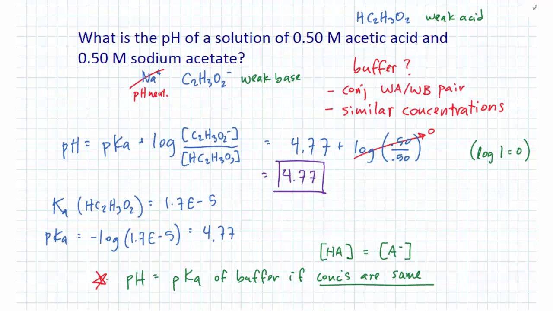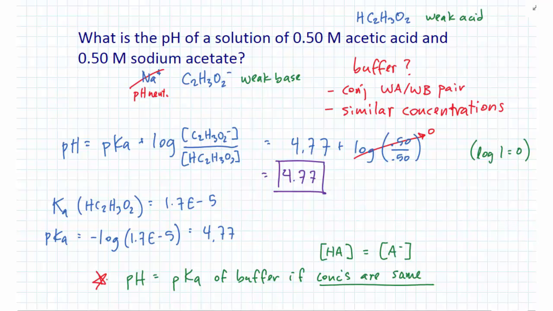More base would make the pH go up. That should make sense because the log of a number over 1 is positive. Okay? That will increase the pH, right, making it more basic. If you have more acid, the log of a number less than 1 is negative. So that makes the pH smaller.